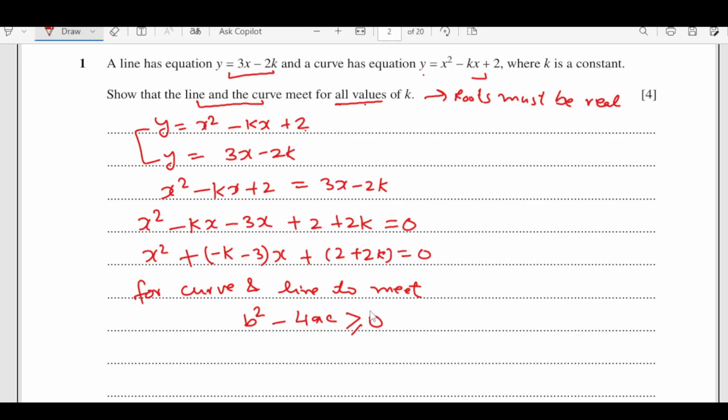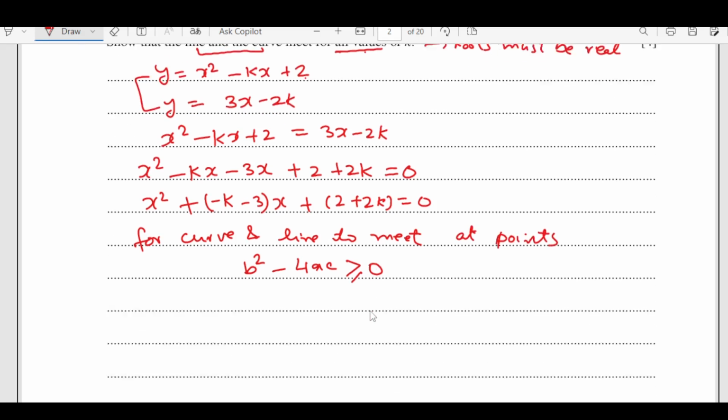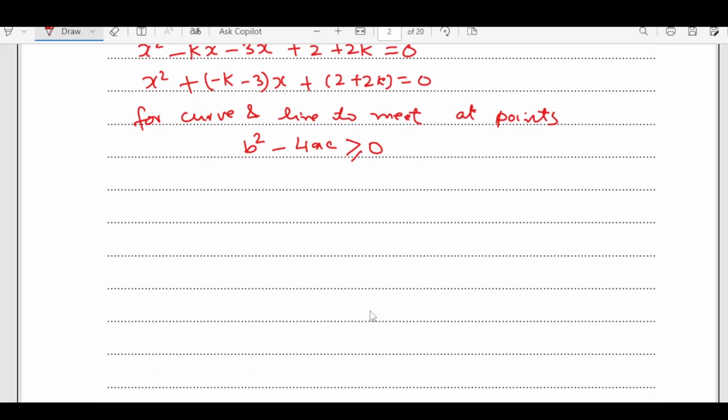For the curve and line to meet at all points, the roots must be real, and roots will be real only if the discriminant is greater than or equal to 0. So from here, we have a equal to 1, b is negative k minus 3, and c is 2 plus 2k.